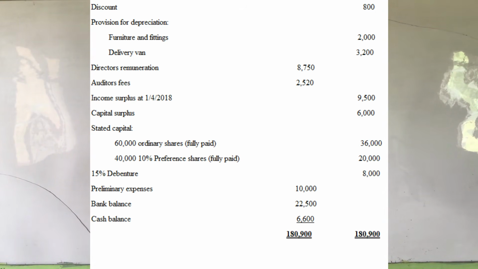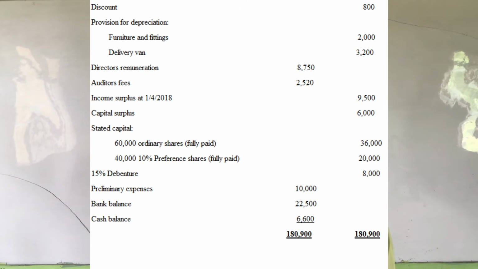And then we have stated capital made up of 60,000 ordinary shares fully paid at a value of $36,000. And then we have 40,000 10% preference shares, which is also fully paid at a value of $20,000.